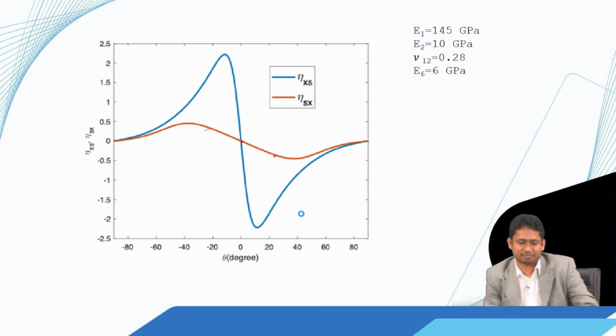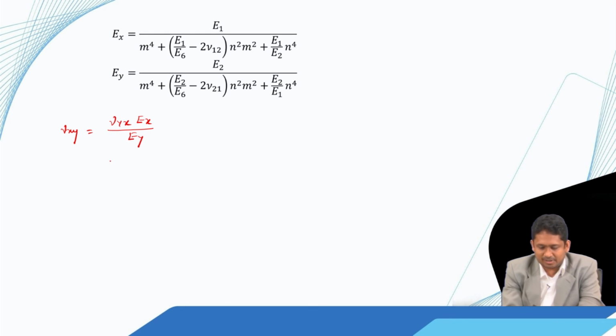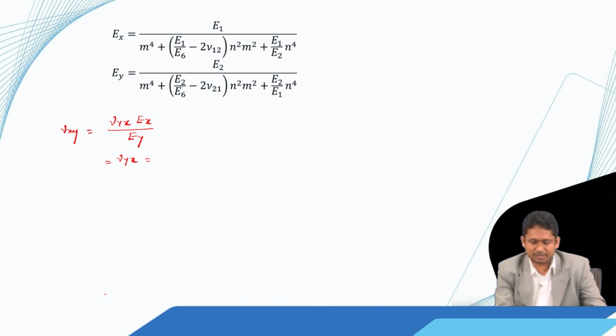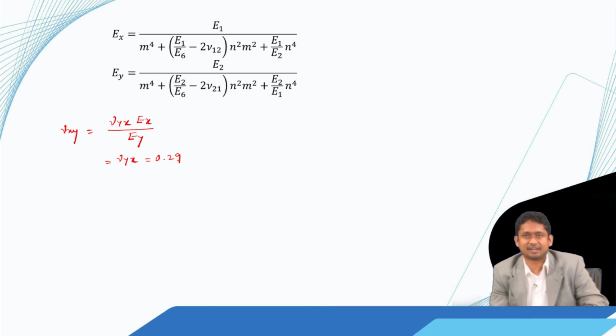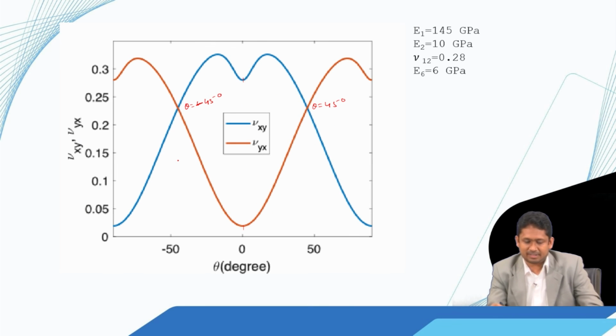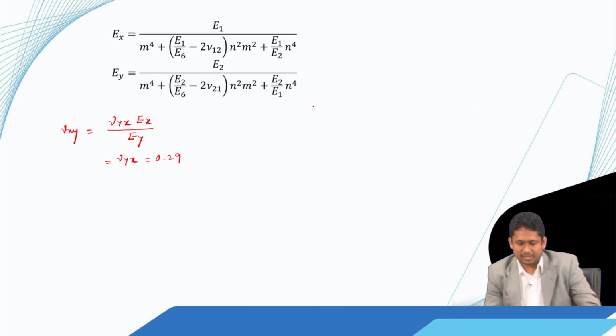That means the ratio of E x and E y is 1, so nu x y would become nu y x, and the value would be just what we got, 0.29. That matches what we see in the graph of nu x y and nu y x also. At theta equal to 45 degrees, the value should be the same. If we want to verify that, we can do that.